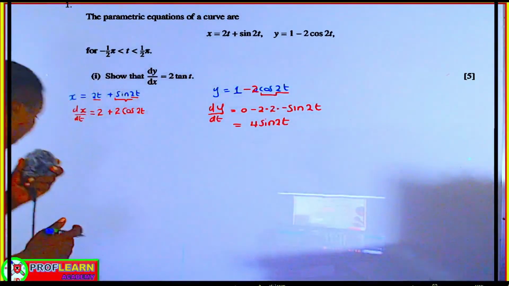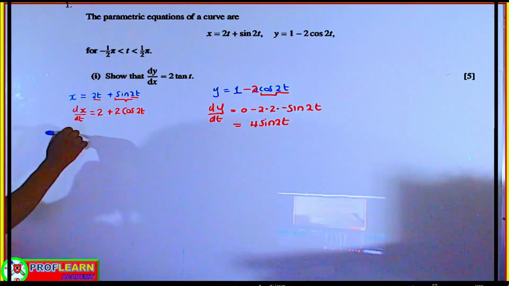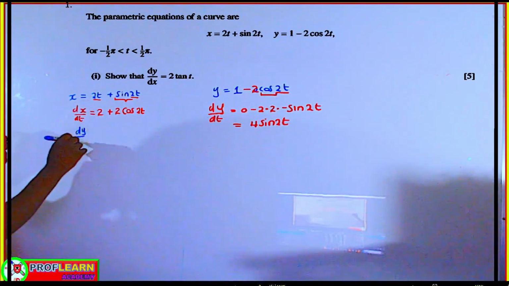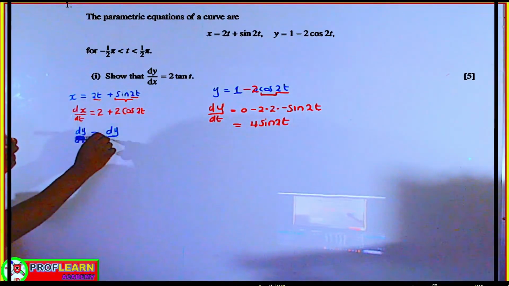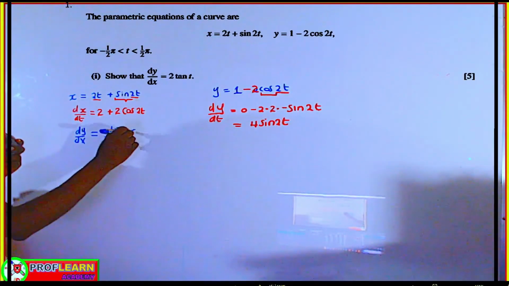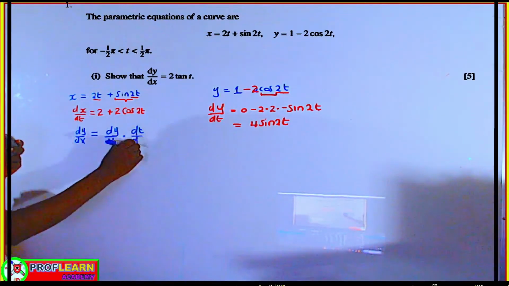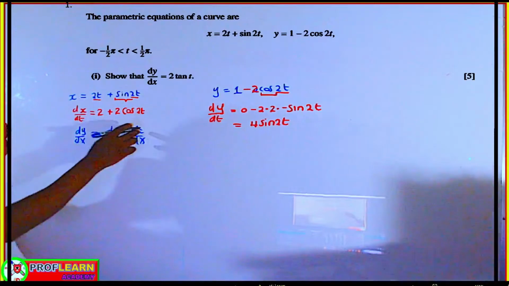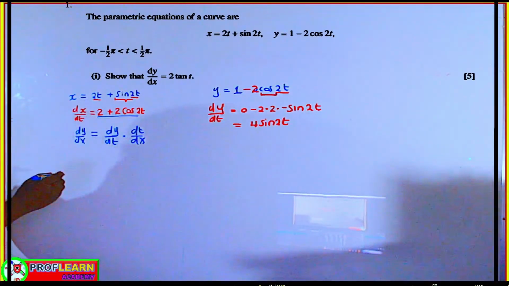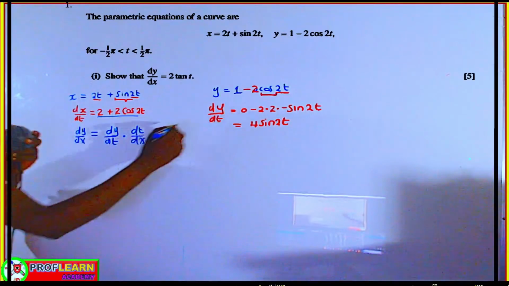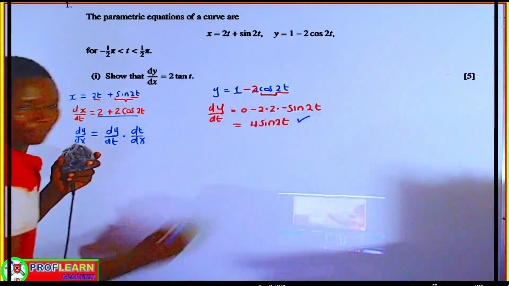So in order to find dy/dx, dy/dx is going to be equal to dy/dt times dt/dx. So dt/dx, we can get it from the reciprocal of this particular part, and dy/dt we already have at this given point.